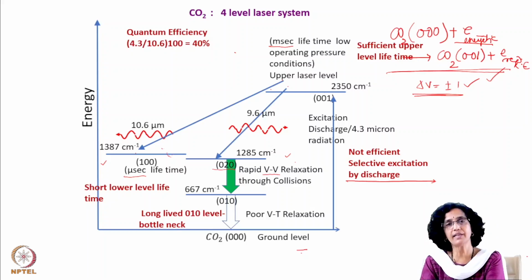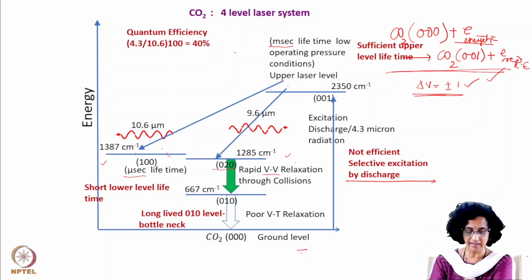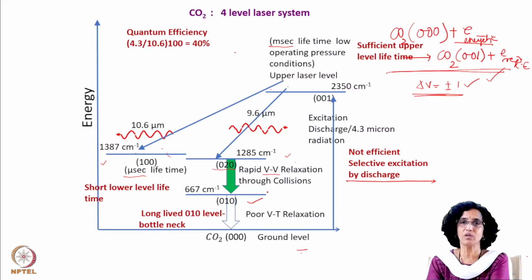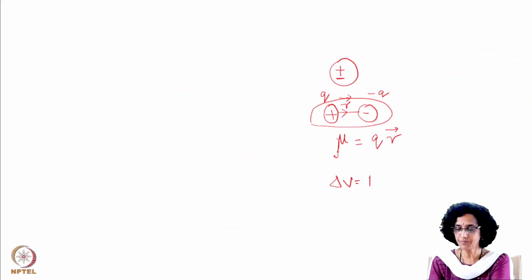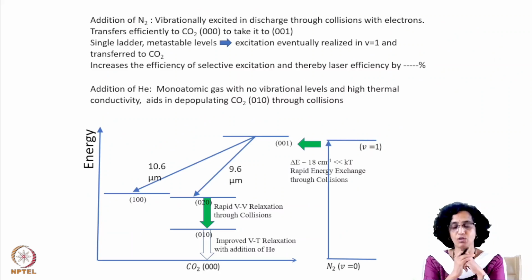Population inversion is created. Laser action has been shown, but it may not be the most efficient selective excitation. And the second problem that we have is this long-lived 010 level, which is the bottleneck. So how is that overcome? Well, it is overcome by the addition of nitrogen.